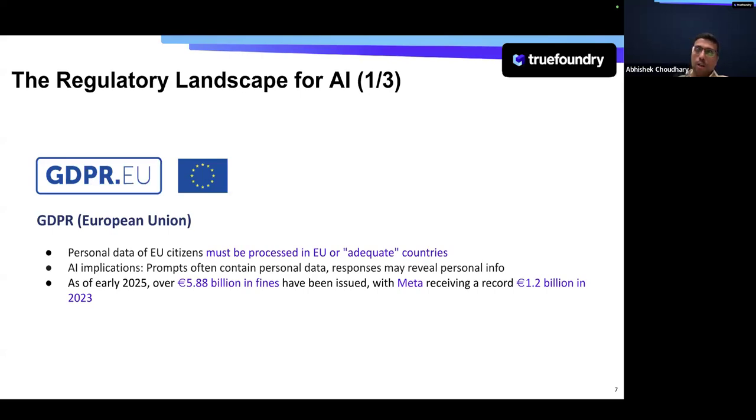That means you can only use models from Europe, and you have to save your data in Europe. Then how can you even debug or build additional evaluations on top of the data? And there have been hefty fines when companies have violated these compliance rules.